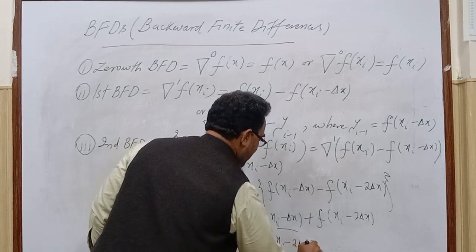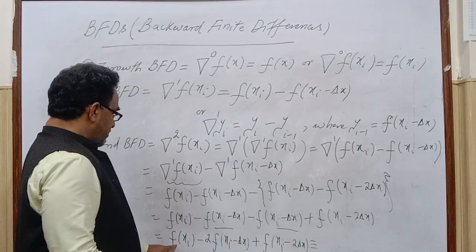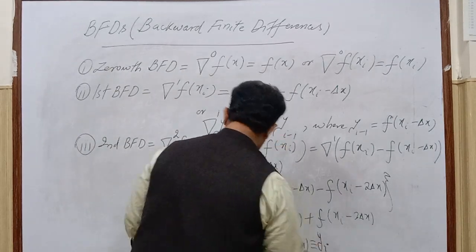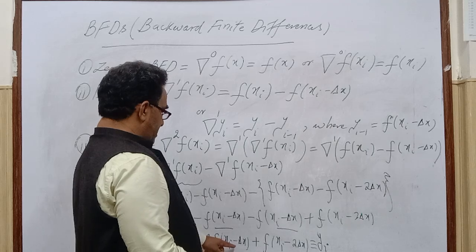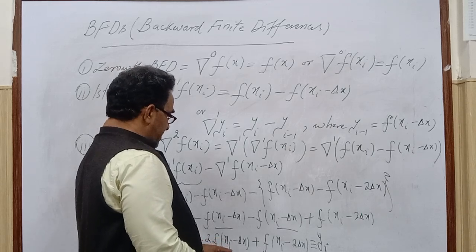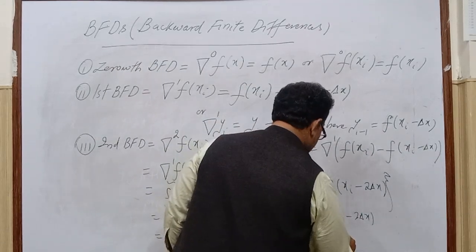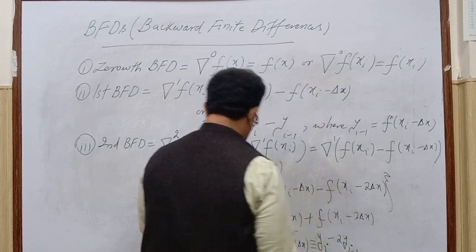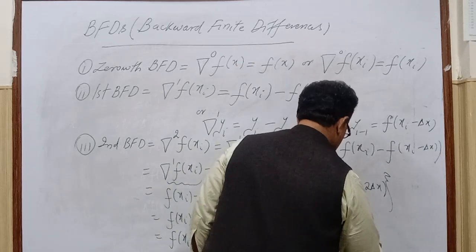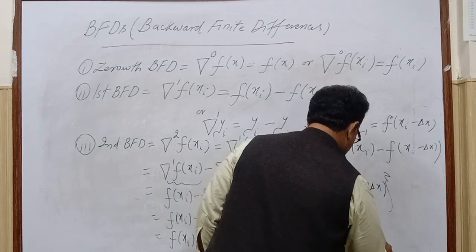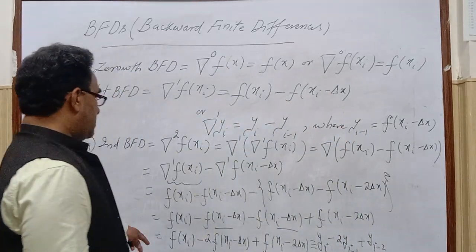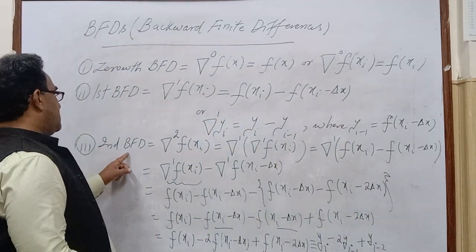And in terms of y, we know that f of xi is yi and f of xi minus delta x is yi minus 1. So this is yi minus 2 yi minus 1 plus yi minus 2. Okay, this is the result of the second level backward finite difference.